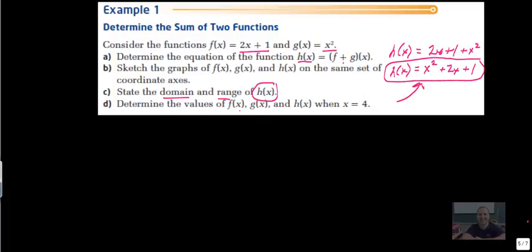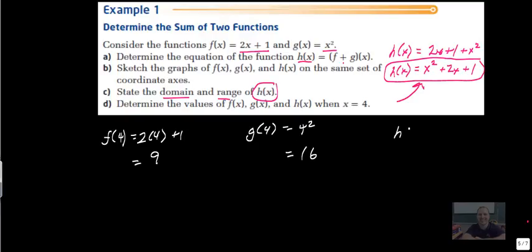And then determine the values of f of x, g of x, and h of x when x equals 4. We can do that algebraically or, like I said, on the graphing calculator. I showed you an example of how to do that in the graphing calculator. So f of 4 is 2 times 4 plus 1, which is 9. G of 4 is 4 squared, so that's 16.